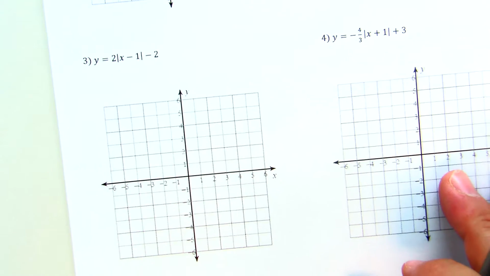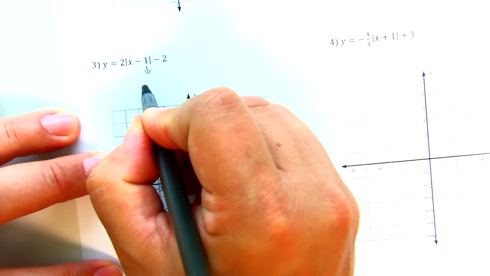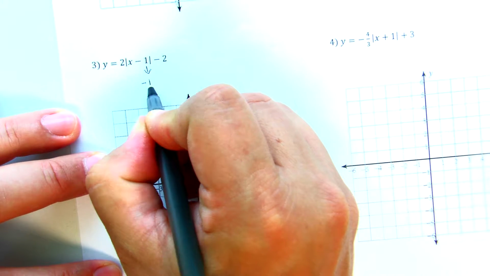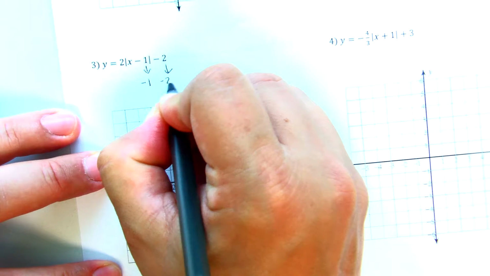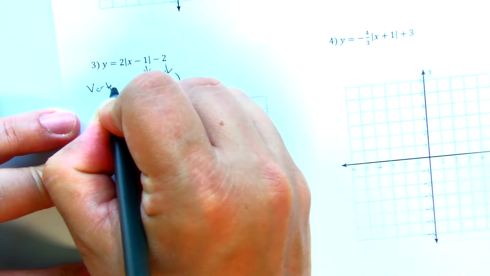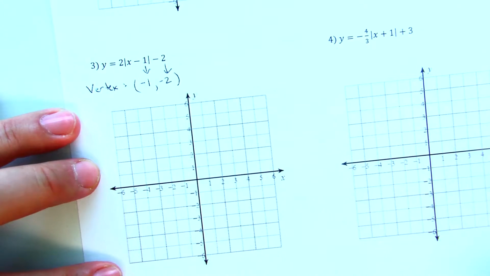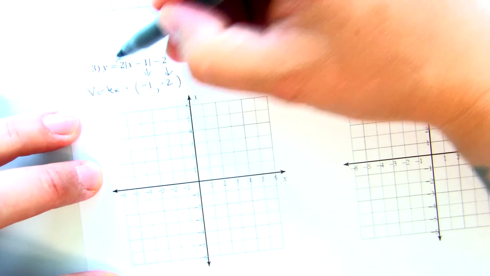Let's try another one. Okay, this is going to be a little more complicated, of course. So here we go. The x value of our vertex is going to be negative 1. The y value is going to be negative 2. So there's my vertex. And then my slope is going to be whatever that coefficient is outside the absolute value, which in this case is 2.